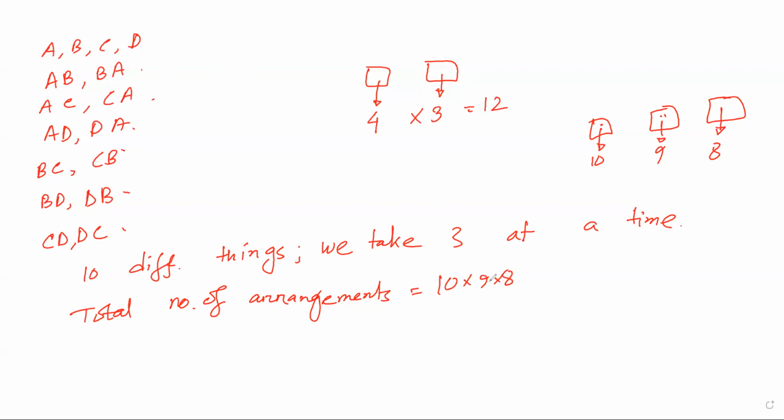But if they give you 100 different things and you can take 50 spots at a time, you cannot just multiply 100 times 99 times 98, and so on up until 50 spots. That is why we need something mathematical.